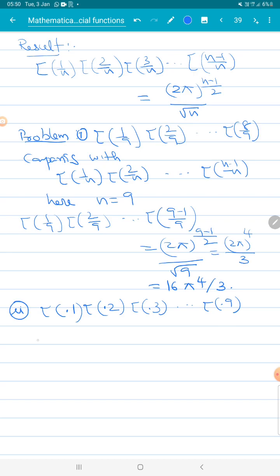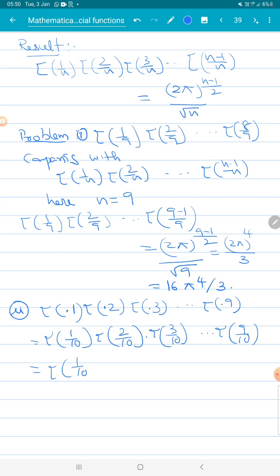This can be written as gamma of 1 by 10, gamma of 2 by 10, gamma of 3 by 10, and so on and so forth, gamma of 9 by 10. So this is equal to gamma of 1 by 10, gamma of 2 by 10, and so on and so forth, gamma of 10 minus 1 by 10, the gamma of n minus 1 by n formula.